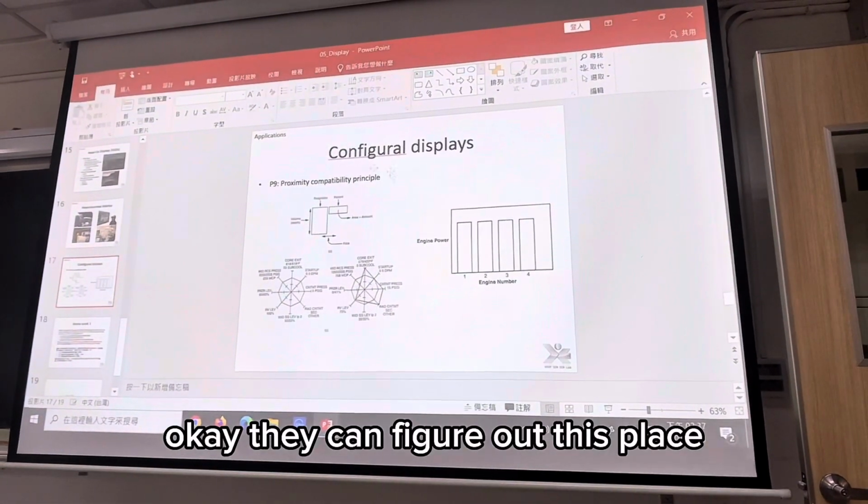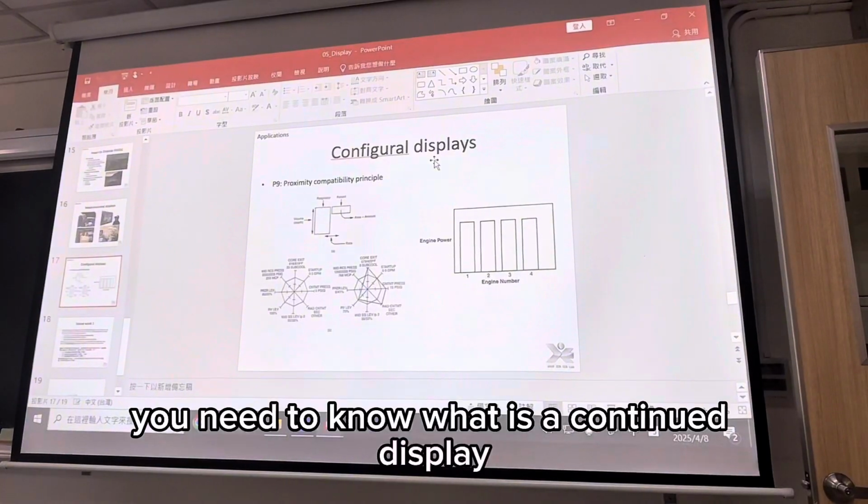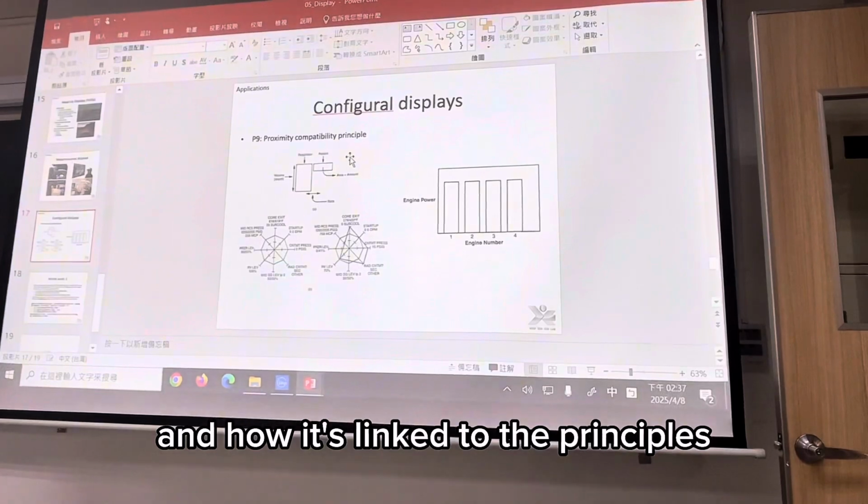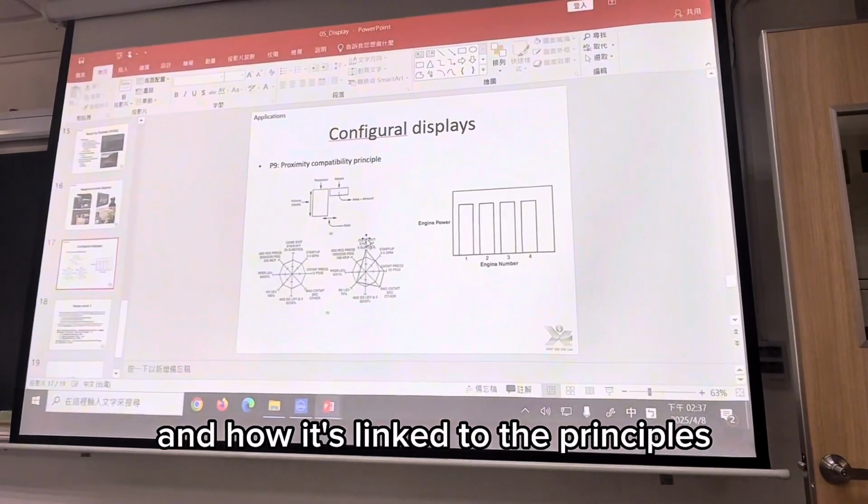Okay, the configural displays. You need to know what a configural display is and how it is linked to the principles.